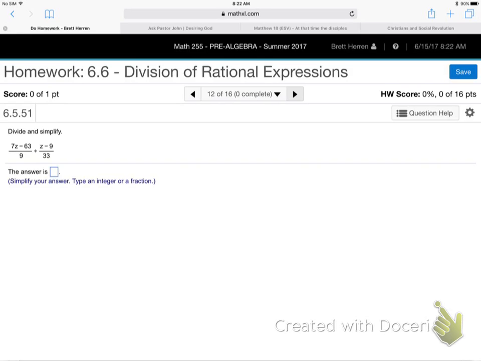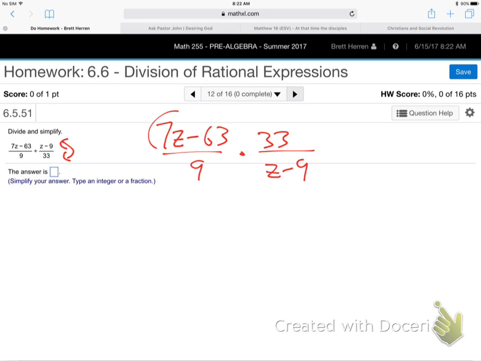So number 12. 7z minus 63 over 9. Flip the one on the right. 33 on the top, z minus 9 on the bottom. Now, this guy's got to be factored. GCF. So take 7 out of that guy. Take 7 out right there. 7 times z minus 9 over 9.